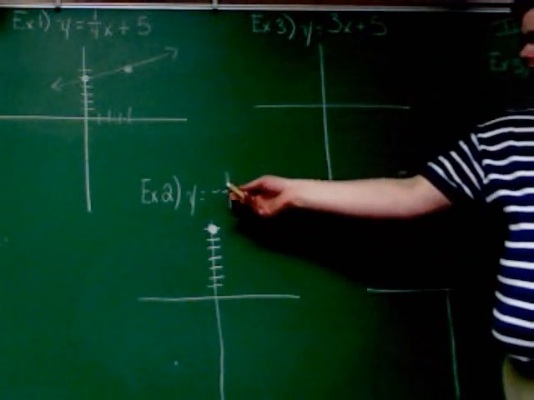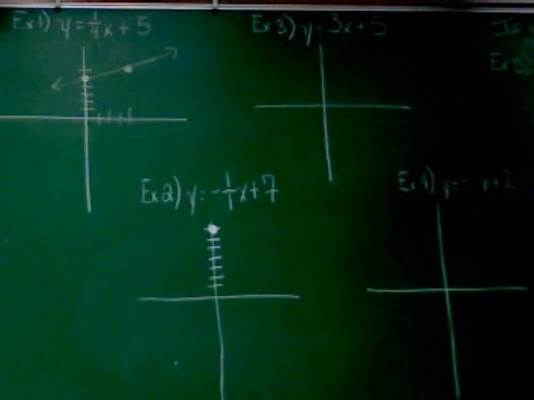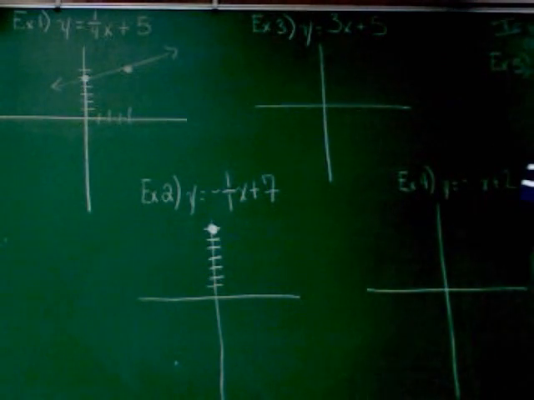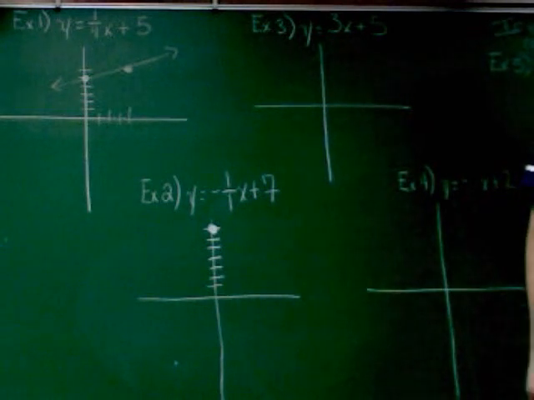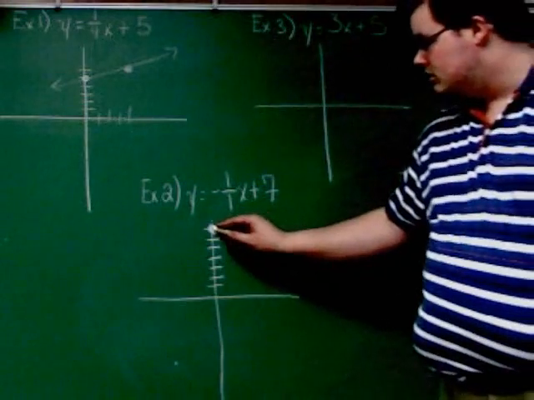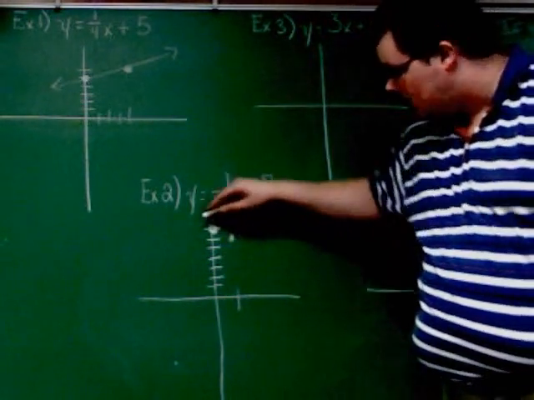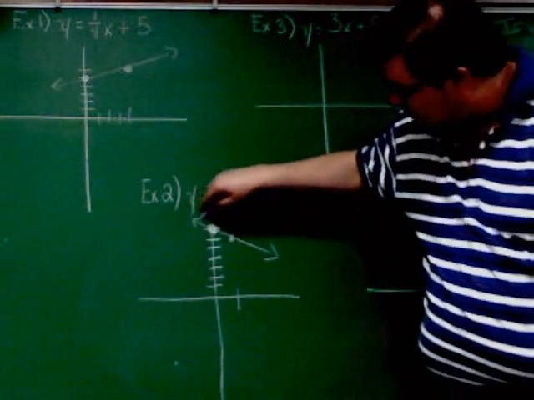The slope is negative 1 over 1. That means I'm going to rise negative 1. Now when I say rise negative 1, what I really mean is you're going to go down 1, and then you're going to run 1. So I'm going to go down 1 and right 1. There you go.